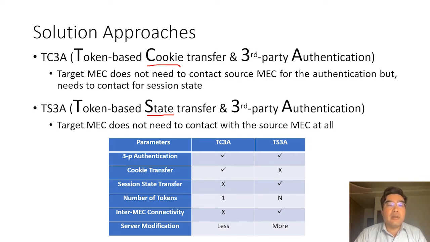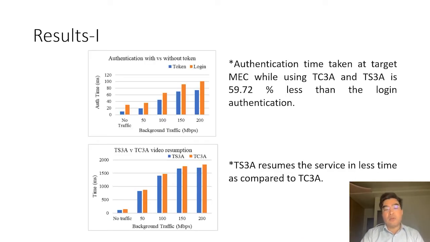On the other hand, in the state transfer approach, the token itself contains the state of the application, so the target MEC does not need to contact the source MEC to retrieve the state, because the state is already in the token. Certainly, that will save some time, so that will give you better mobility support.